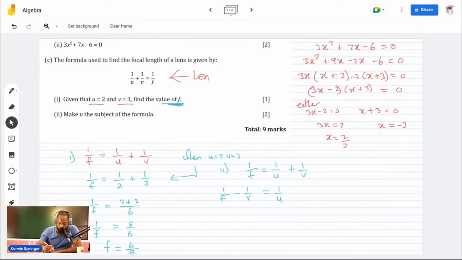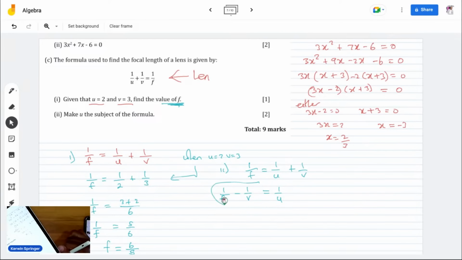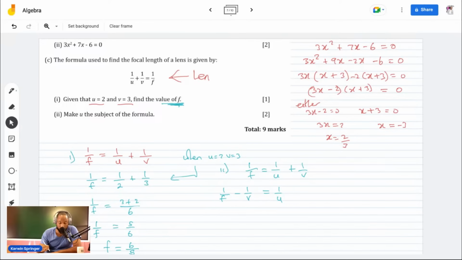And now I need to reciprocate this, but I can only reciprocate if both sides have a single fraction. It's hard for me to reciprocate this if this is not one term. So I actually need to make this one term first. Those of you who flip these two things separately, that's wrong. Don't do that. You have to make this into one term. So this is going to be FV.